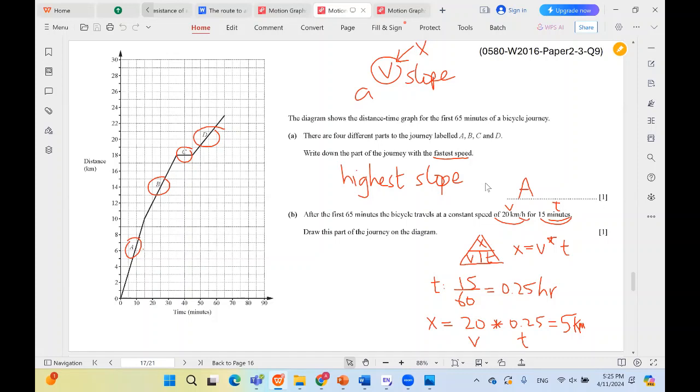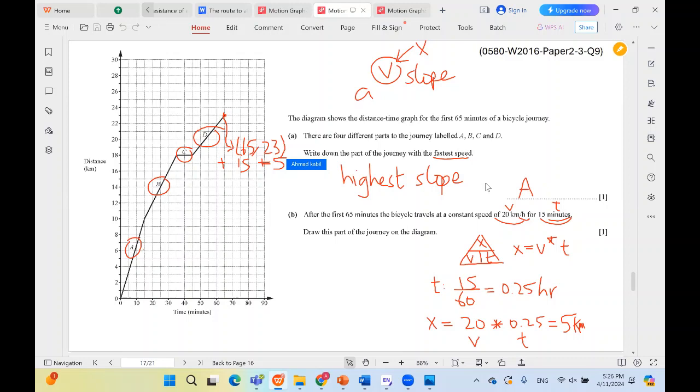In this case, we start here at this point. This point is 65 for the X and 23 for the Y. For the next 15 minutes, so we add 15, it travels 5 kilometers, so we add 5 to the distance.